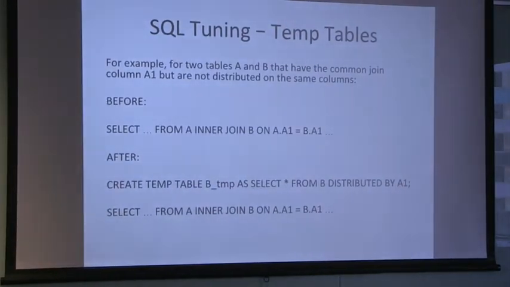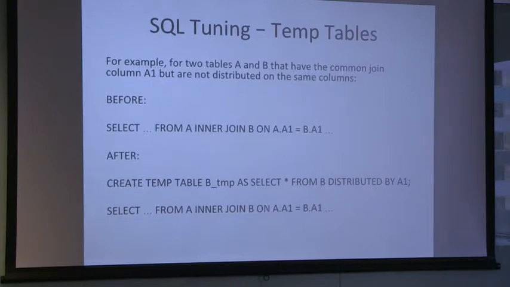So for example, we have an ETL process here, right, where we're joining two tables, A and B. And A and B share a common join column, but they're actually distributed on different keys. So in scenario 1, we just join them.